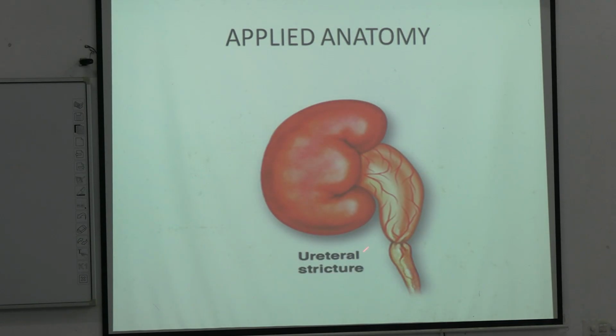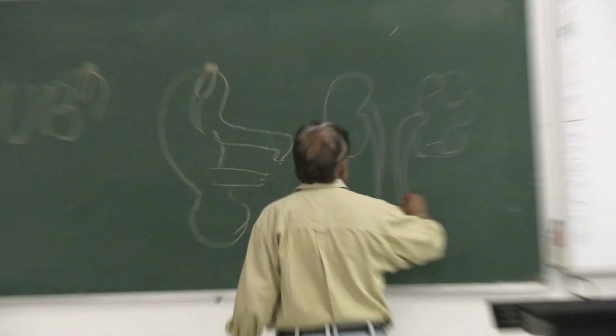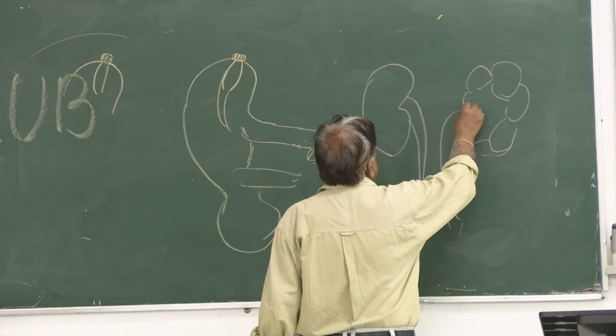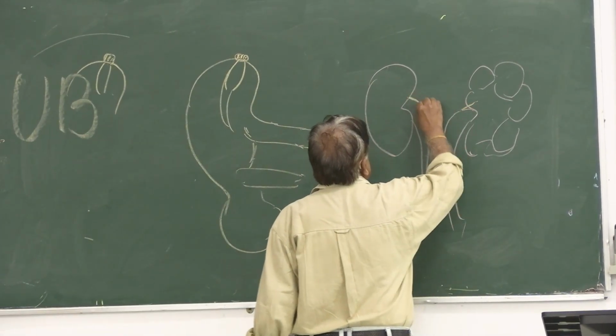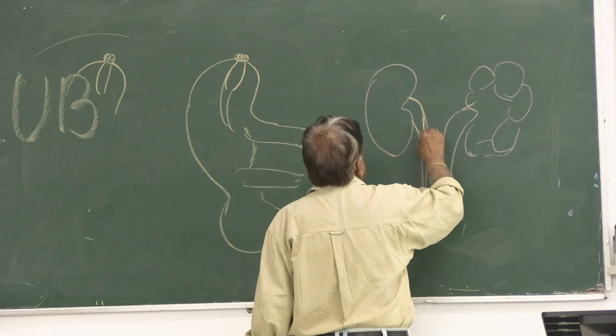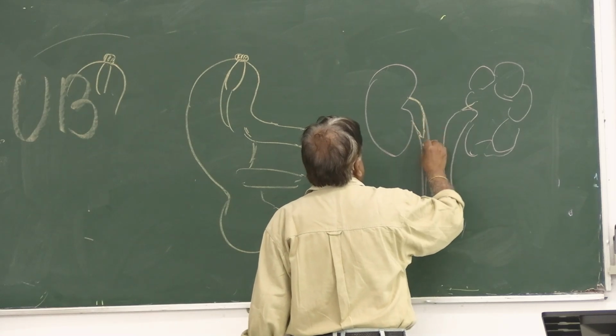Applied anatomy: ureteral stricture. Usually, when this is detected, in the pelvis of the kidney there is a constriction like this. Then what happens?